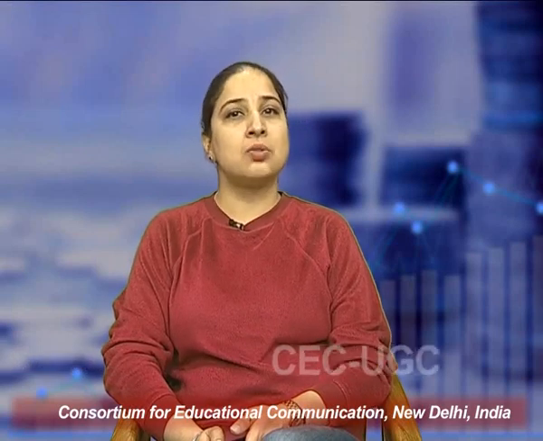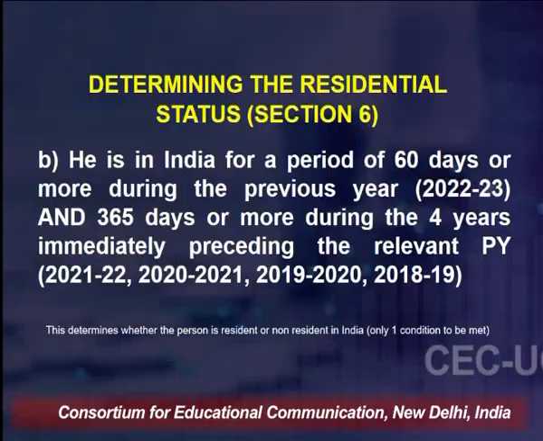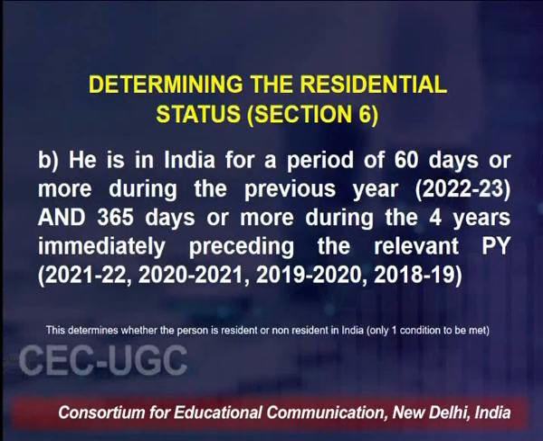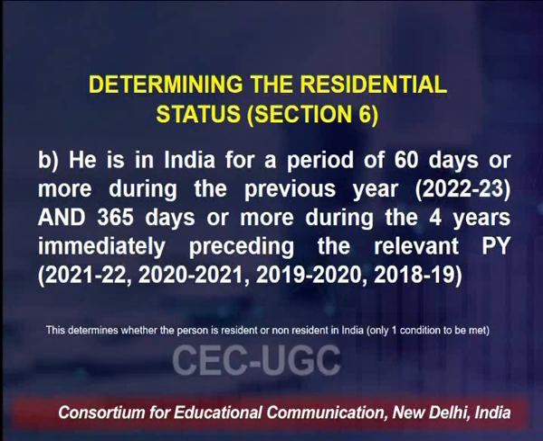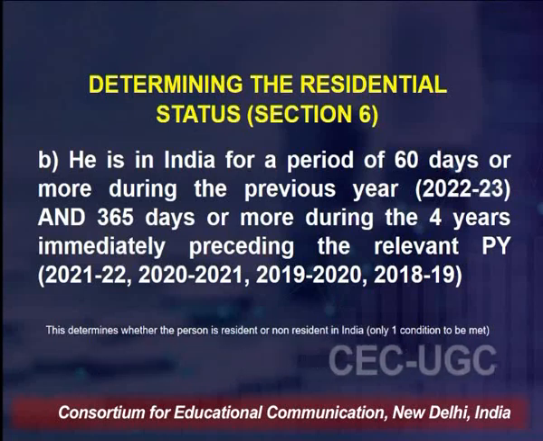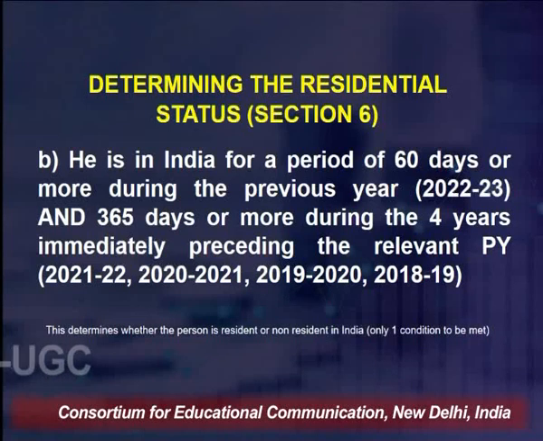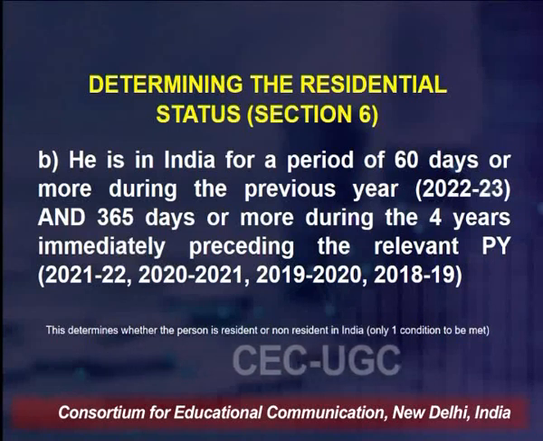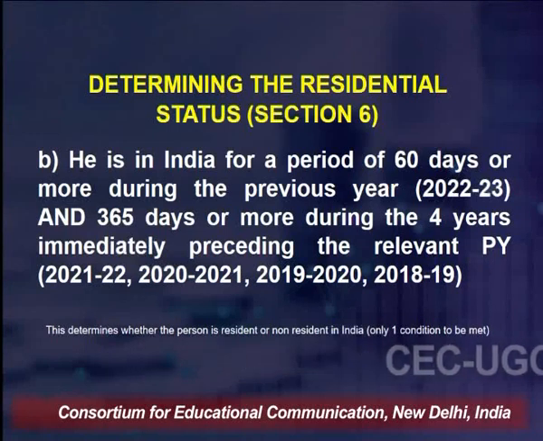or we satisfy the second condition, which is that the person is in India for a period of 60 days or more. Here the period is curtailed down to 60 days, but there is an additional condition attached to this basic condition.